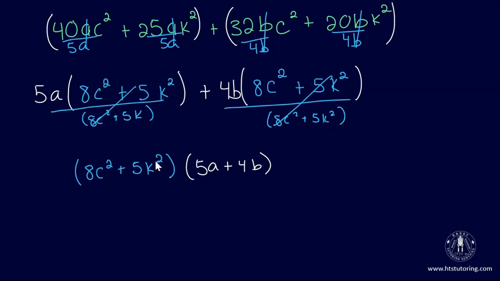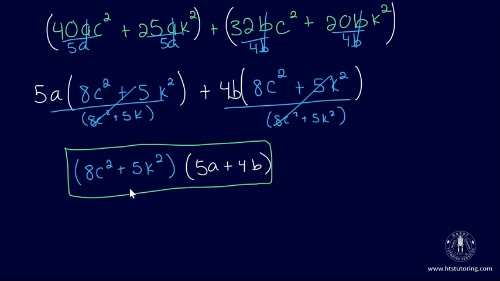Now, if I'm seeing perfect squares, c squared and k squared, I'm going to start thinking difference of squares. But that's a plus sign, so difference of squares isn't going to work. Also, 8 and 5 are not perfect squares. So we're done on that one. And then 5a plus 4b, there's no greatest common factors there either. So we are complete. And our answer is 8c squared plus 5k squared times 5a plus 4b.